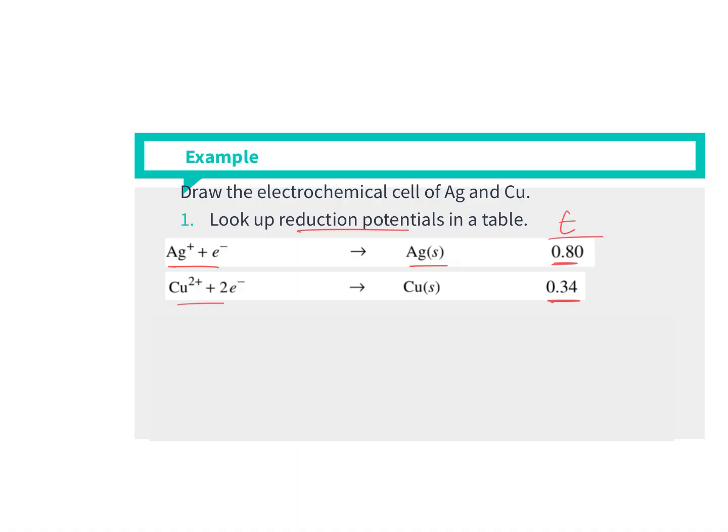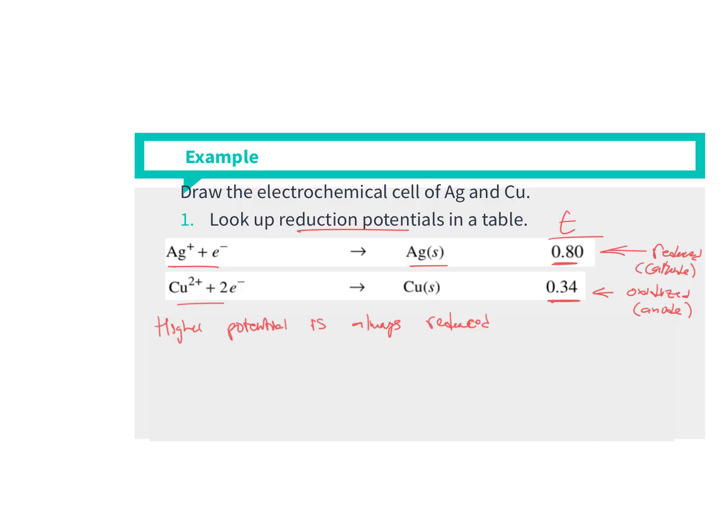In order to figure out the anode and the cathode, the higher potential is always reduced. In this case, that's silver, and so this is reduced. So this is our cathode. This one is smaller, so it's oxidized, and this is our anode.